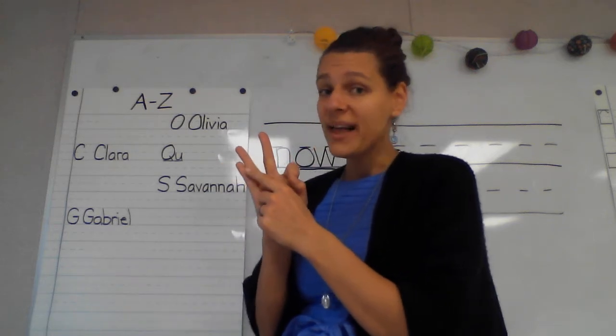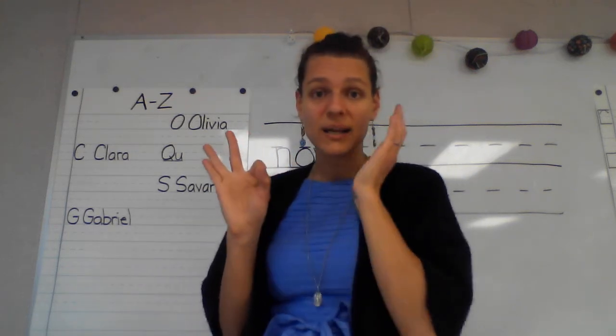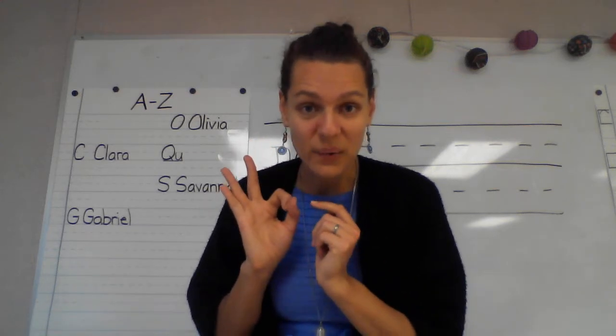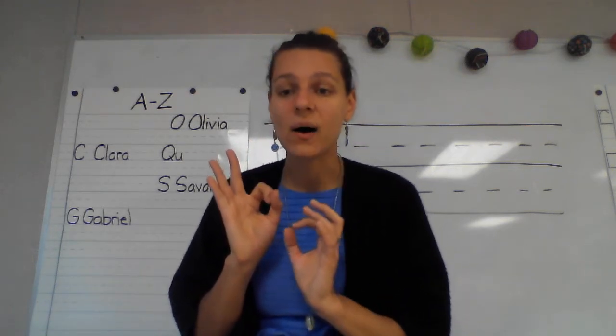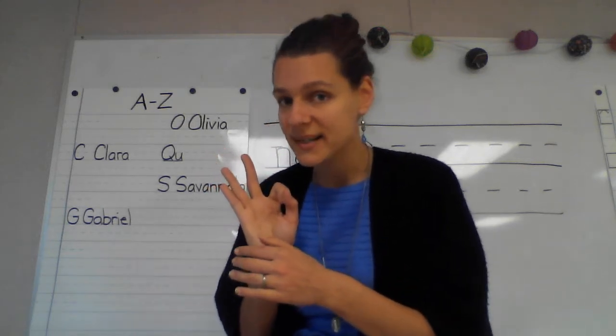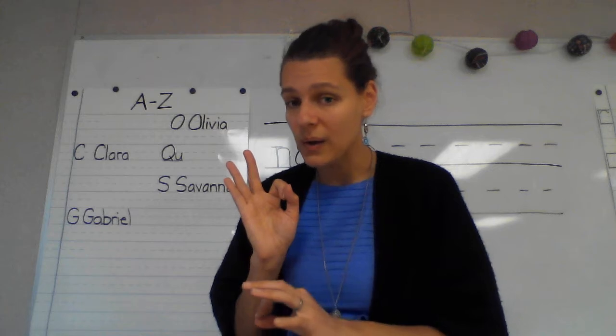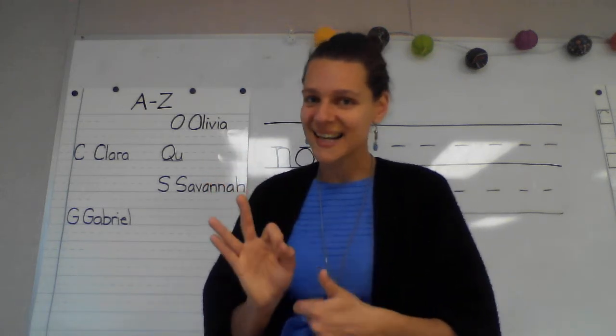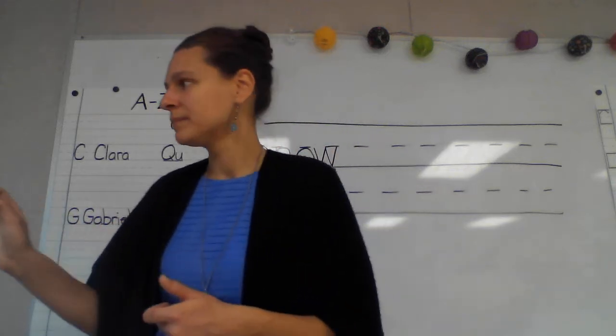But that's when we need to wait and hear which ow to use. The ow that we're going to use in out is ow, o, oo. Class, what are we going to use in out? Say it with me. Ow, o, oo. Good. Write the sounds in out and say them while you write them.